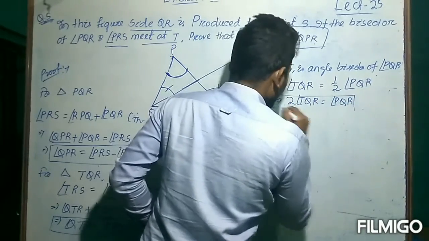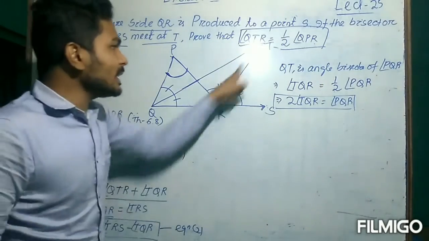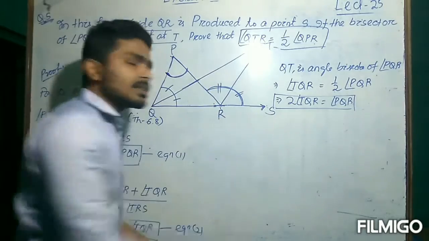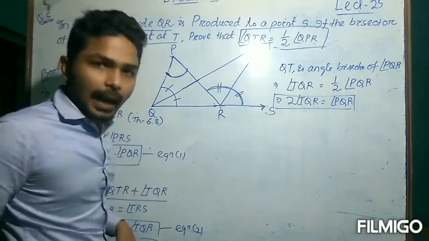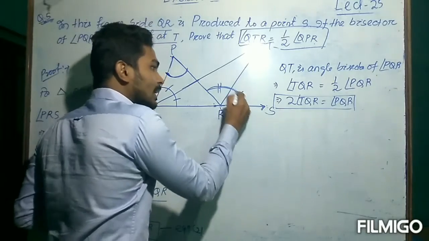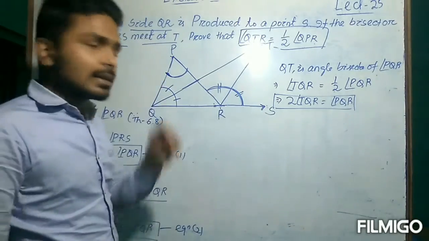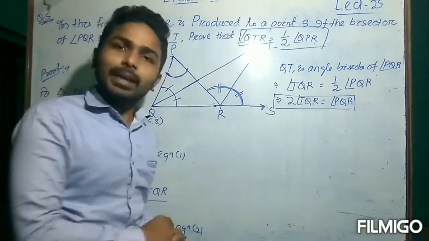Similarly, RT or TR is the angle bisector of the total angle PRS. So this angle is equal to this angle, and this part is half of the total angle PRS.